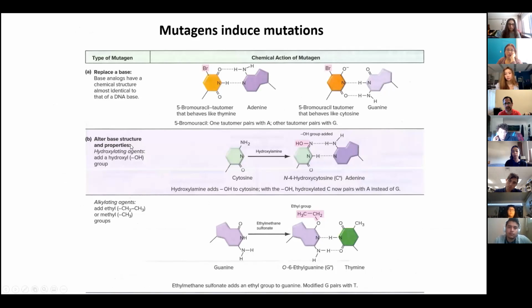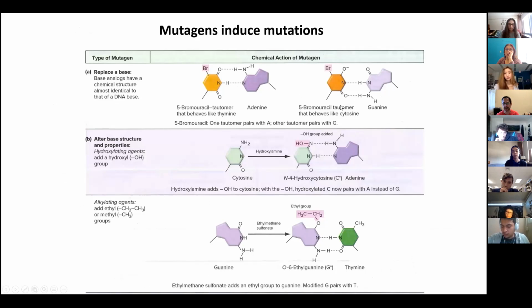Then there are induced mutations. We already saw how DNA can be altered by UV light or by X-ray exposure. And also there are chemical reagents or chemical substances that can bind to the DNA, and that binding will alter the structure of the DNA.